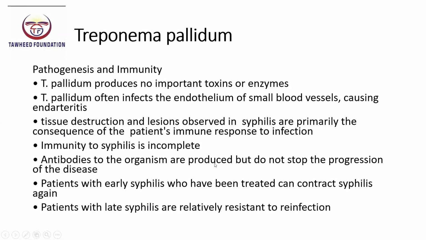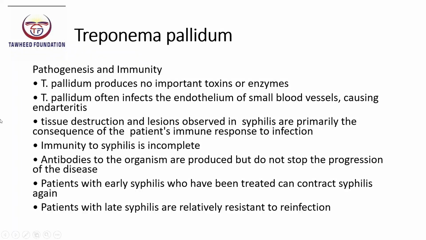Although antibodies are produced, they are insufficient to halt disease progression, which explains why patients treated for early syphilis can get reinfected. However, patients with late syphilis develop partial resistance to reinfection. This incomplete immunity highlights the chronic and relapsing nature of the disease.